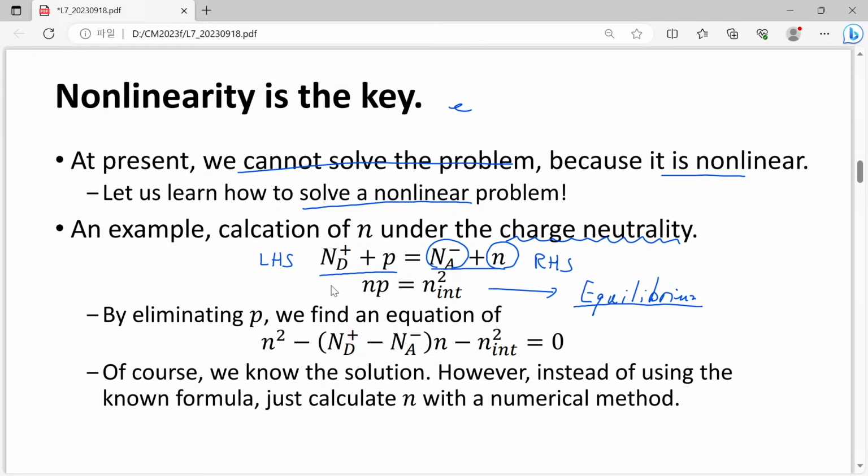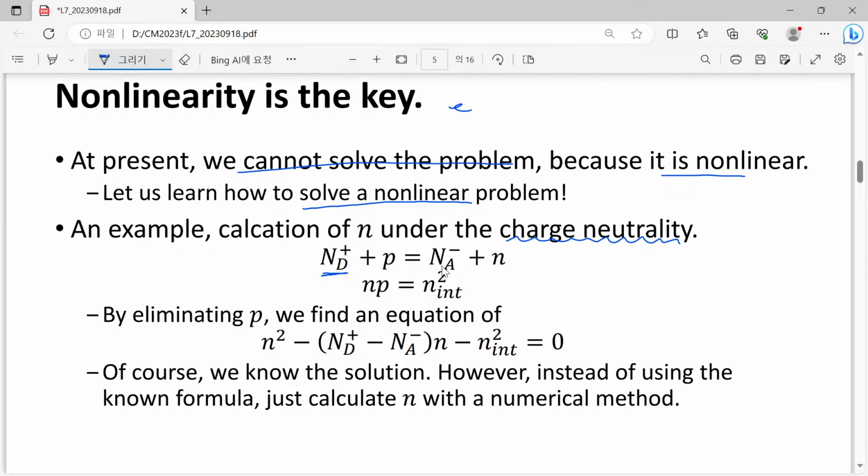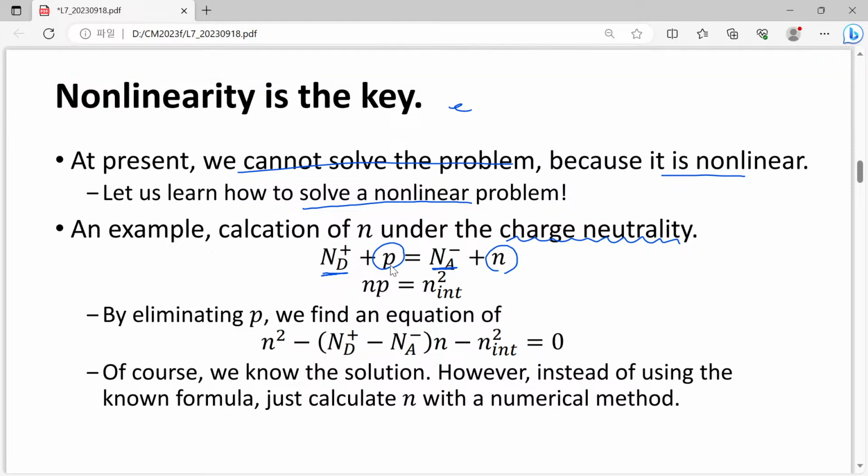So now by combining these two equations, we can calculate its analytic solution. For example, I'll consider this a given number and this a given number. Instead, both electron density and hole density will be regarded as unknown variables.